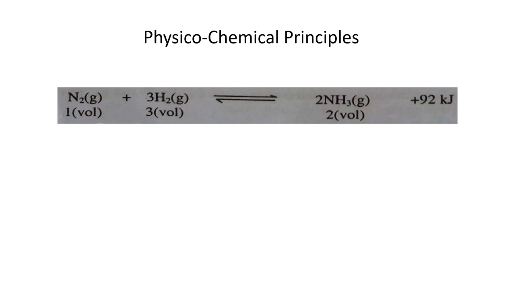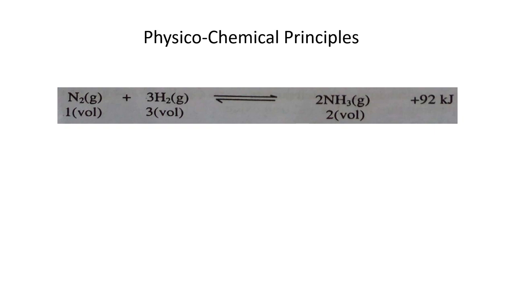So according to Le Chatelier's principle, for the percentage of ammonia formation, since this is a reversible reaction, if you want to shift the equilibrium to the product side, that is if you want the forward reaction to dominate, then the equilibrium will increase with increase in pressure and decrease in temperature. Why?